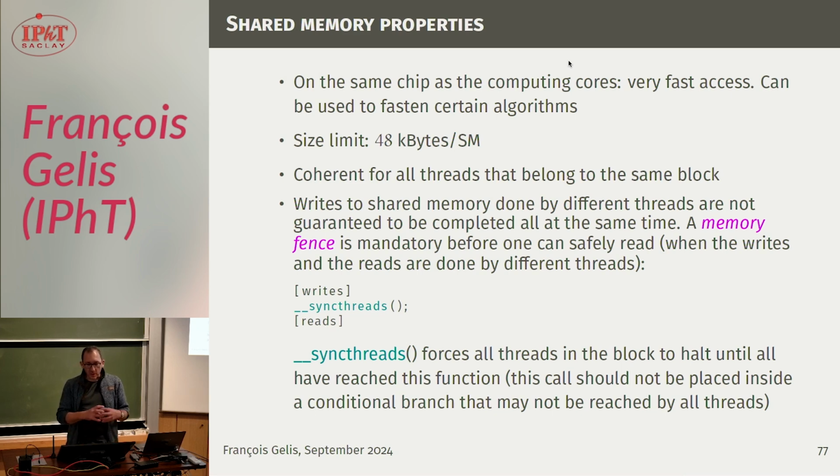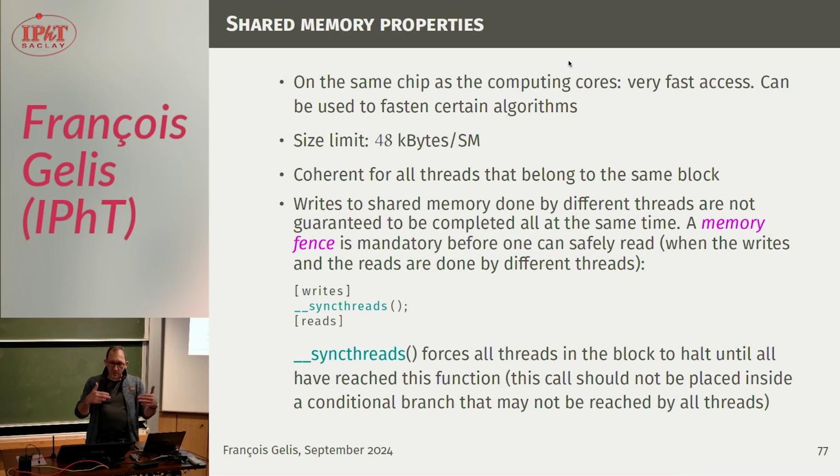So this memory is seen coherently by all the threads that belong to the same block. This is a very important property. And another thing is that if you have threads writing to shared memory, there is no guarantee that they will all write exactly at the same time.